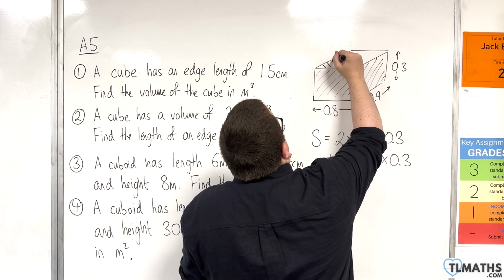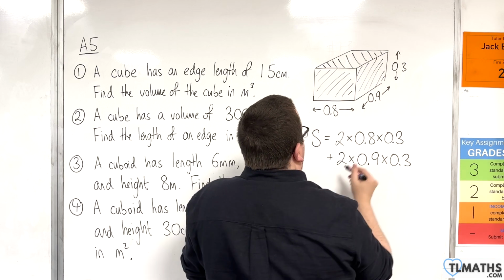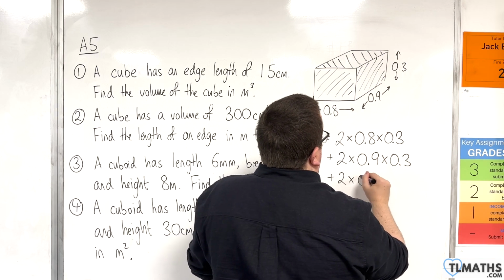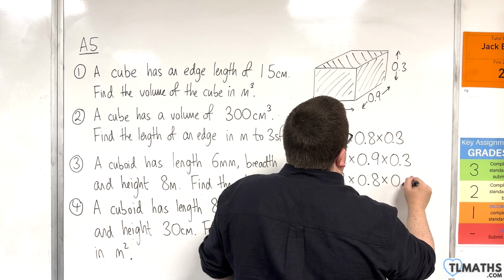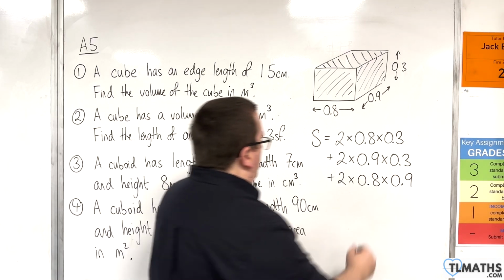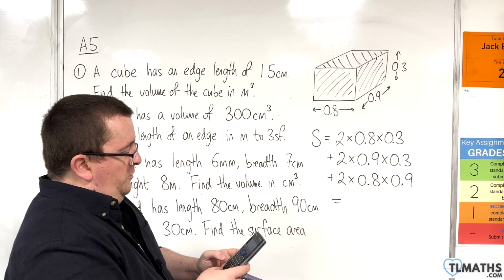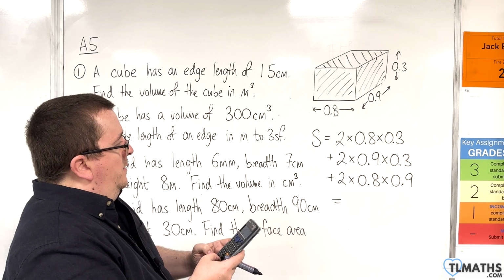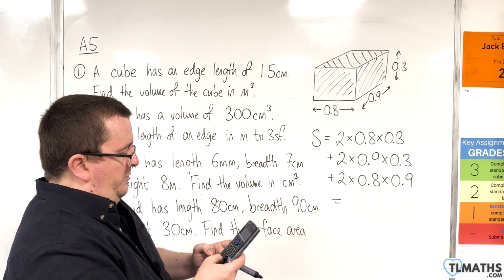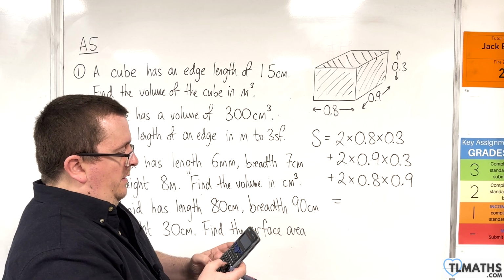And then we've got 2 of the top and bottom, which is 0.8 times 0.9. Okay, so 2 times 0.8 times 0.3 plus 2 times 0.9 times 0.3 plus 2 times 0.8 times 0.9.